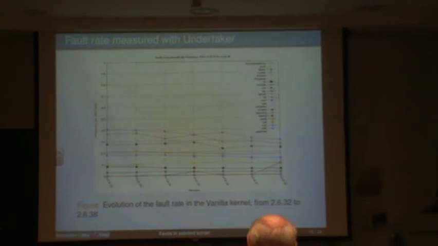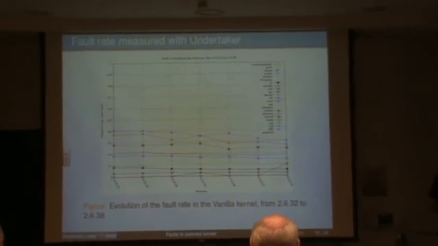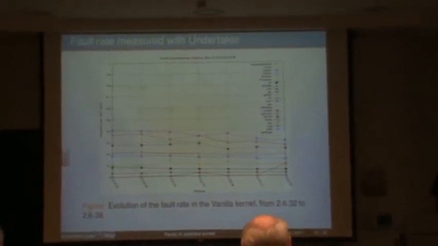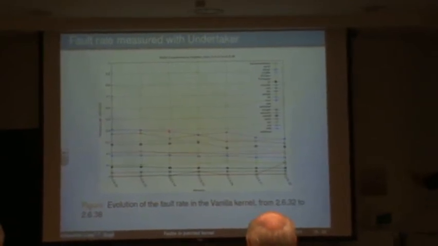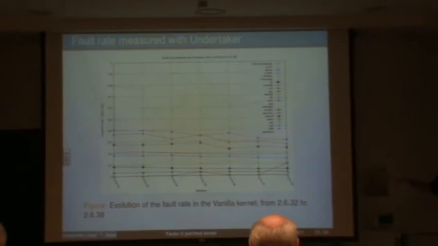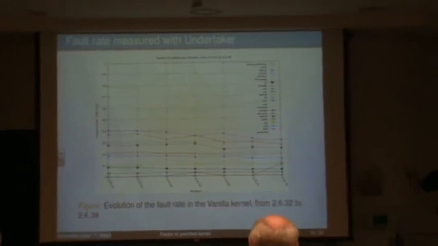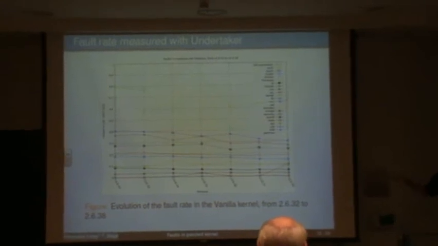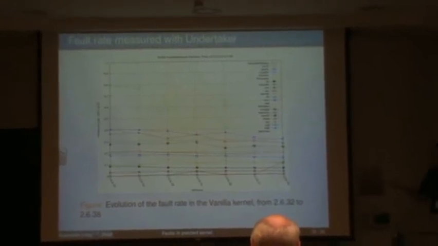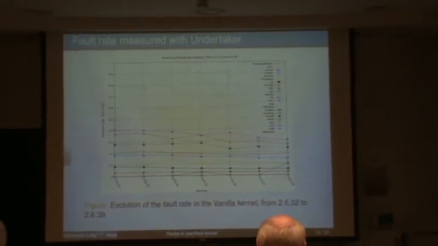So now, the first chart. I don't know if it's easily readable. On the bottom you have the different kernel versions. Those are the upstream versions from 2.6.32 to 2.6.38. And on the left axis, you have the frequency per 1,000 lines of code.